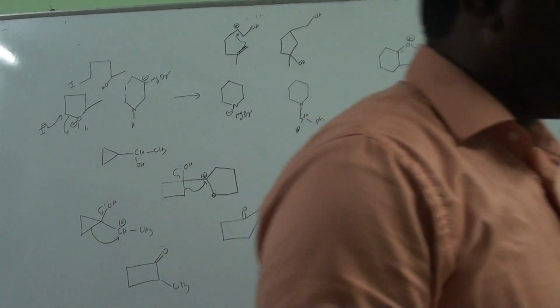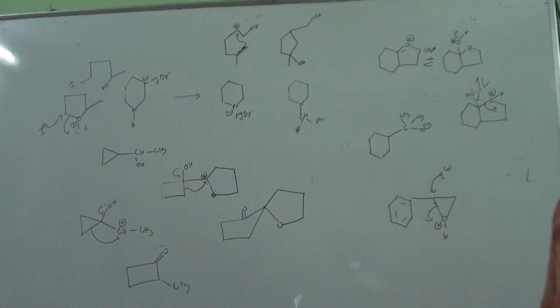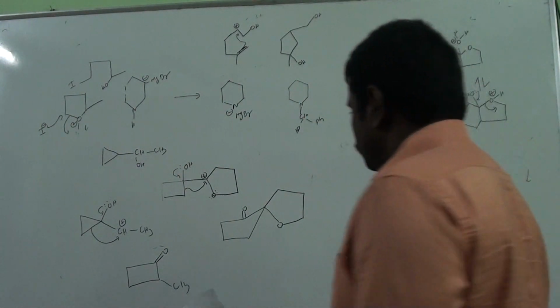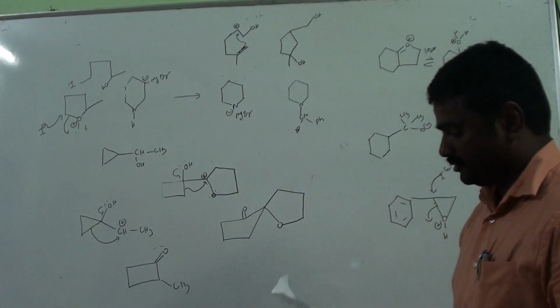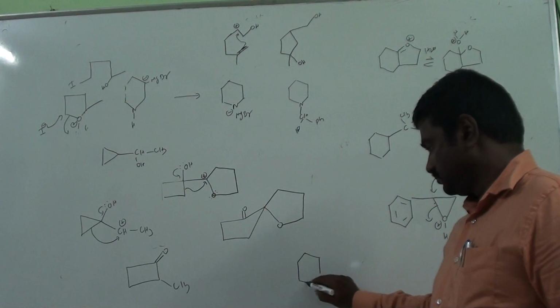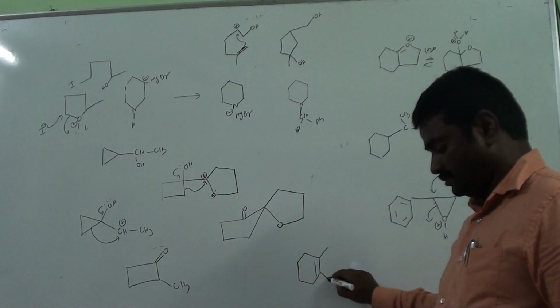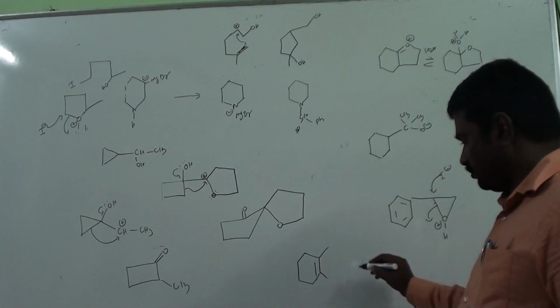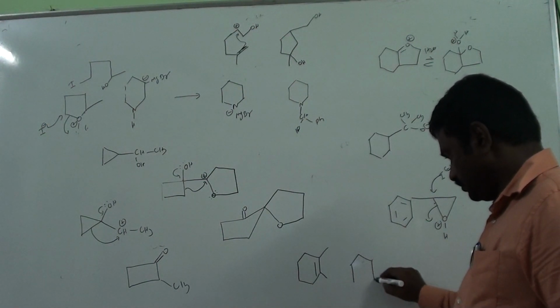Which of the following alcohols will give the same alkene on reaction with concentrated sulfuric acid? The first one is obvious, which alkene, this one. The next one is like this.